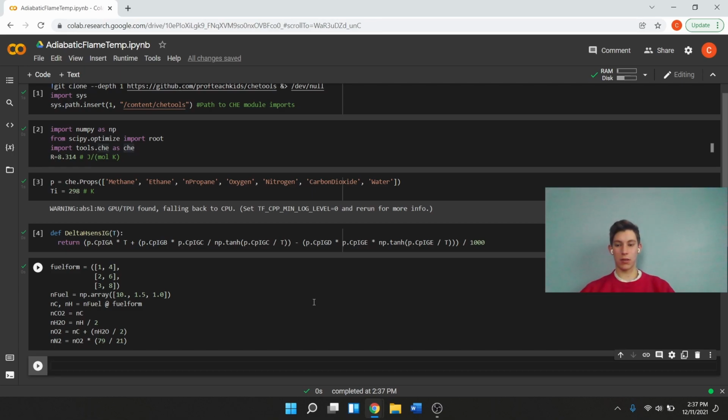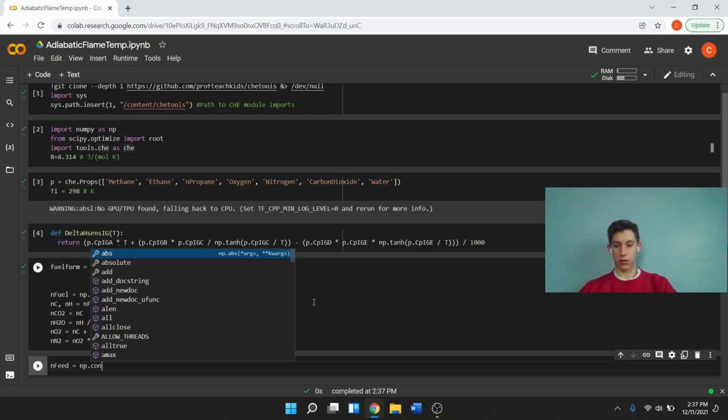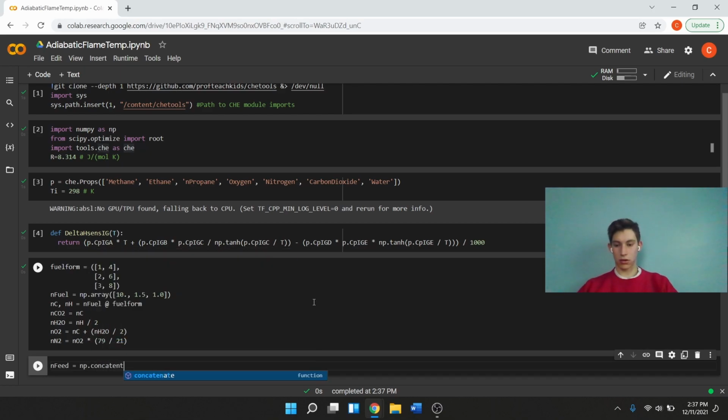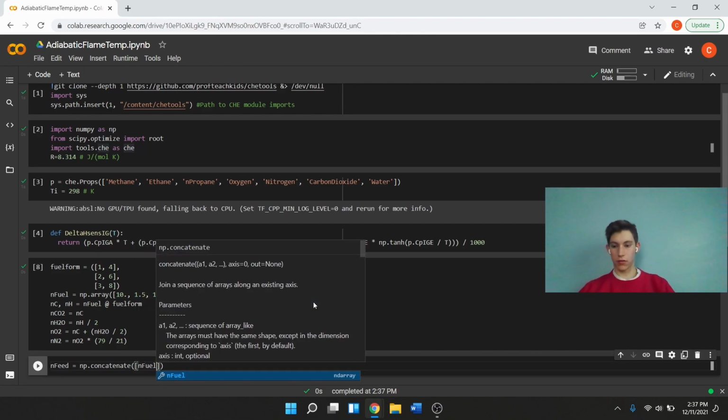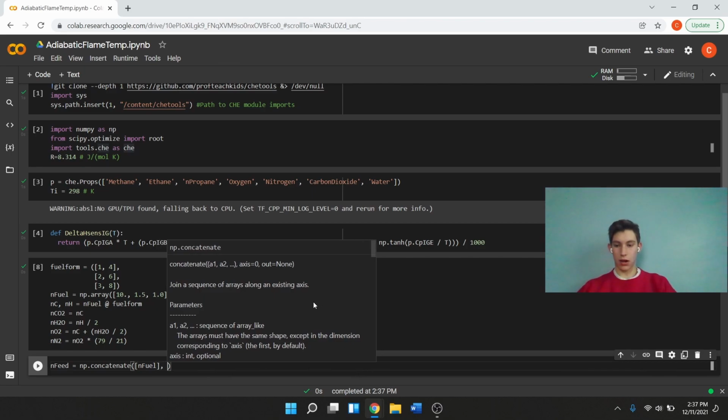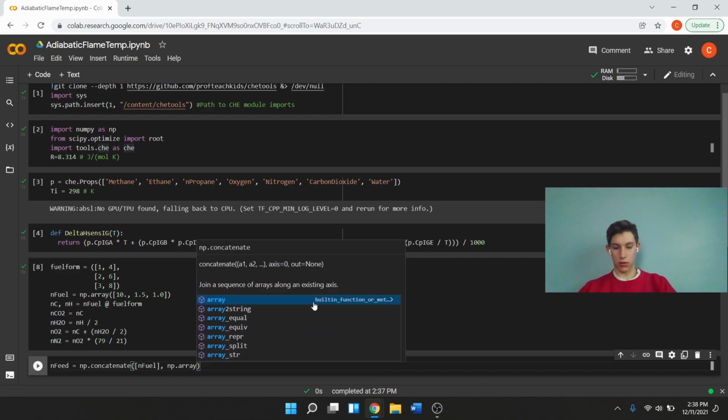And now we can combine these, so we have the feed side and then the product side. So we'll say the moles of feed is equal to the concatenation of the fuel array, and then we'll have to make another array.